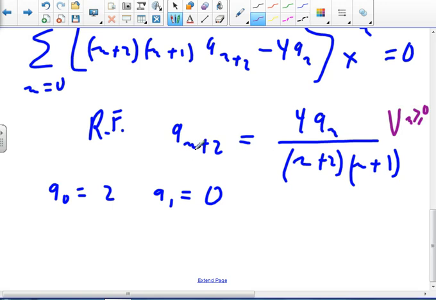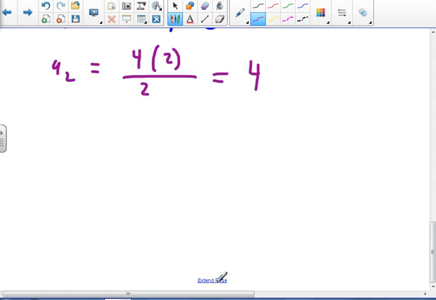So I start at n is equal to 0 to give me a2. So a2 is going to be 4 a0, which is 2, divided by 2 times 1, making that 4. a3 is going to be 0. In fact, all a_n is 0 for n odd.